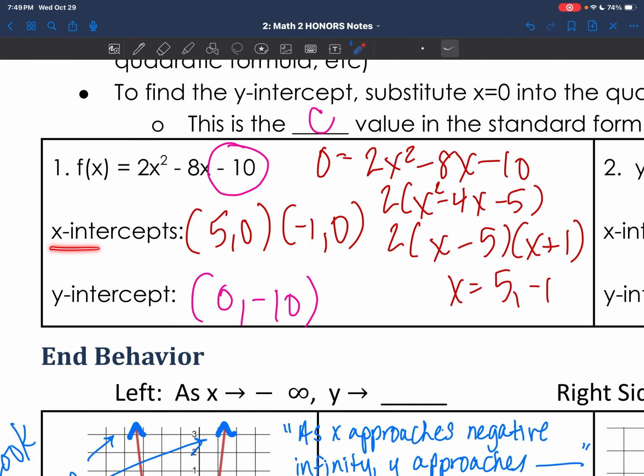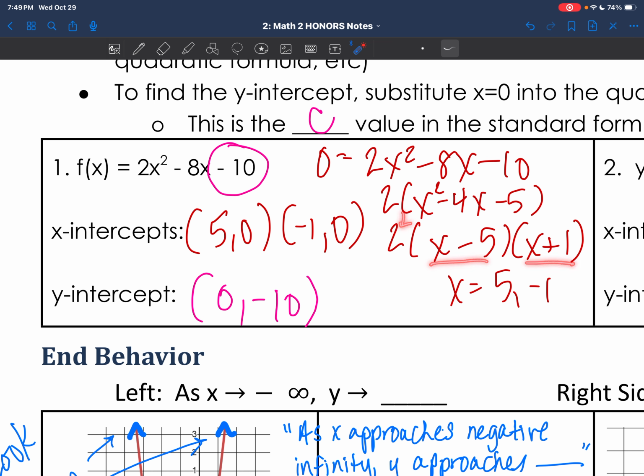So to find your x-intercept, remember, it's wherever it crosses the x-axis. So to find the x-intercept, we're going to set it equal to 0, and then we're just going to factor. So I did GCF of 2, and I've got x squared minus 4x minus 5, and then you can do your x method however you want, and I got x minus 5 and x plus 1.